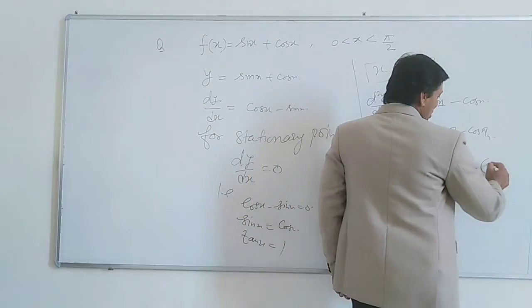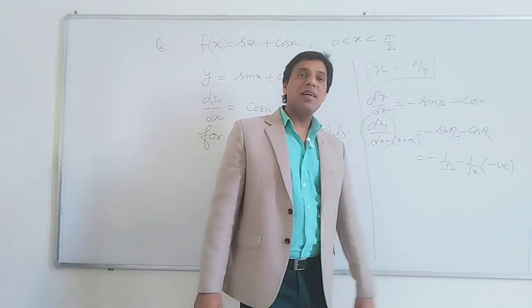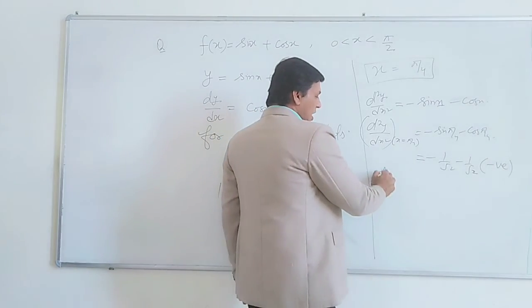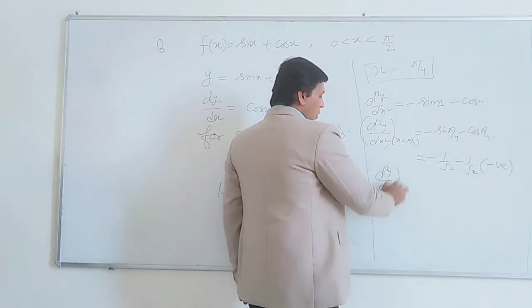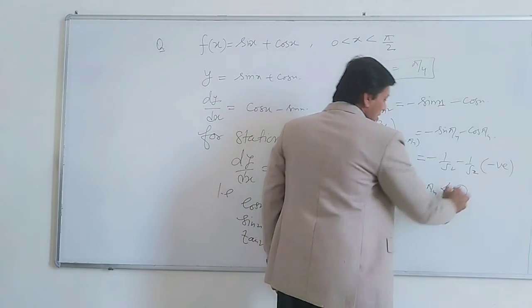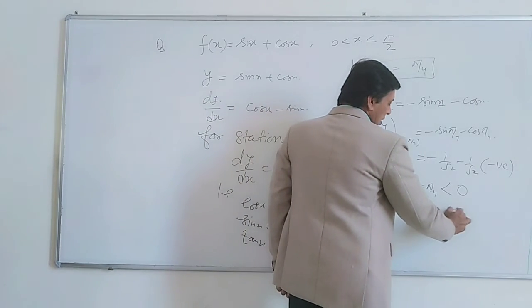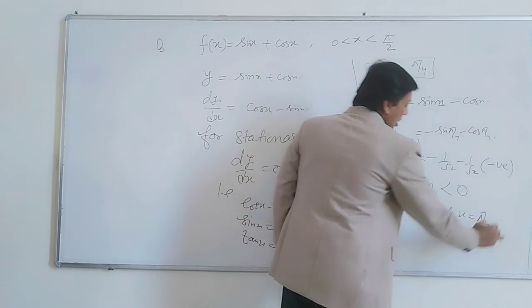So I need to check sign only, not value. So the sign will be negative. So because the second derivative at x is equal to pi by 4 is less than 0, y is maximum at x is equal to pi by 4.